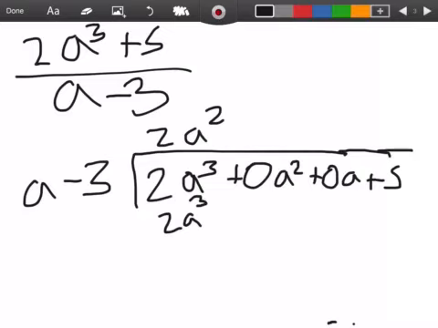And then if we were to multiply 2a squared times negative 3, we would get minus 6a squared. And then if we subtract negative 6a squared from 0a squared, we would get plus 6a squared.